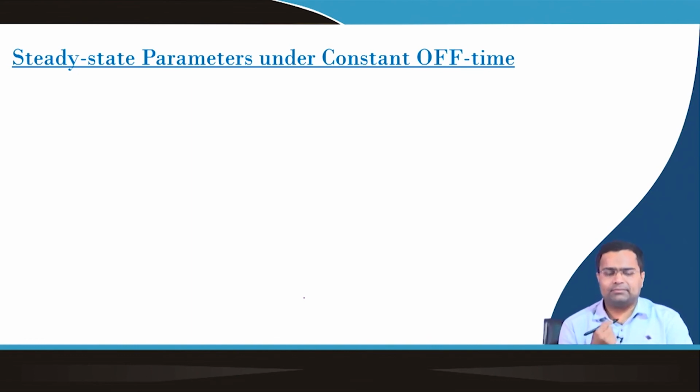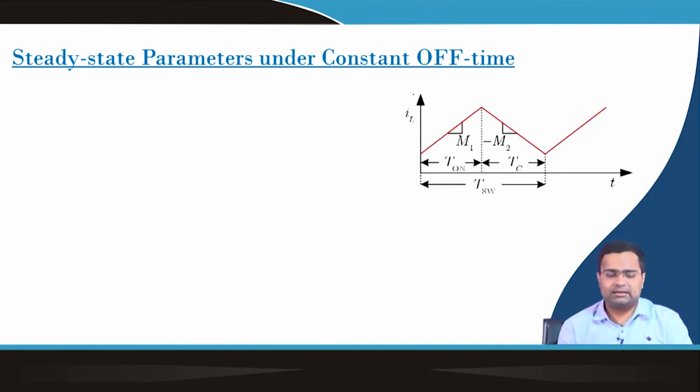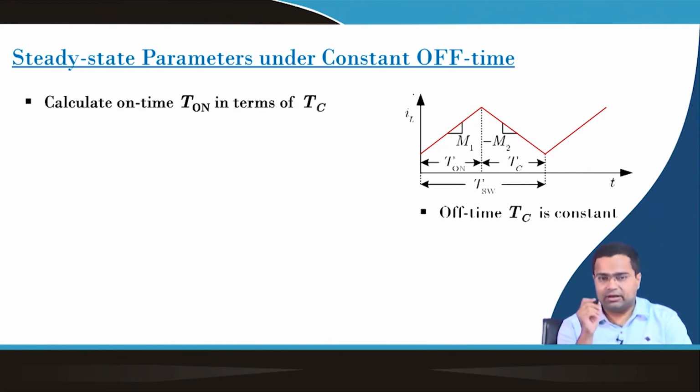Again, if we derive the steady state parameters under constant off time control, since we have derived all these steady state parameters in my earlier lecture using timing parameters on time and off time, you have to just replace those parameters and find out the inductor current ripple expression, output voltage ripple expression, and so on.